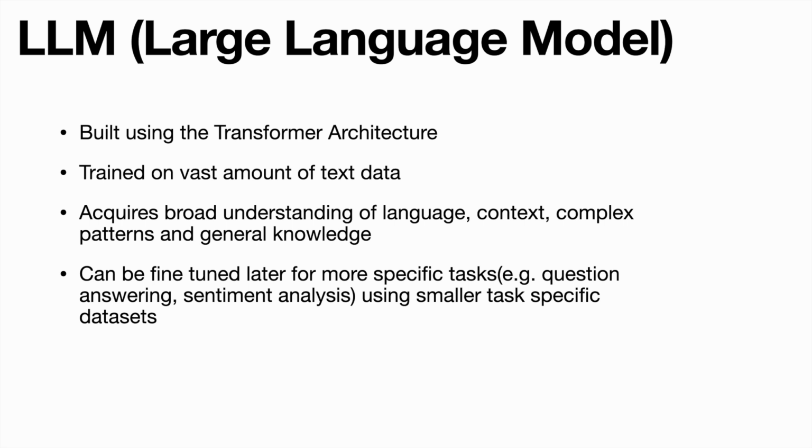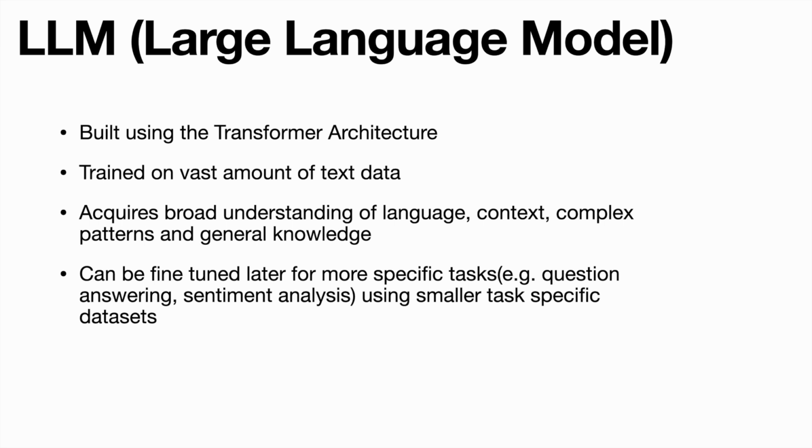It acquires broad understanding of the language, the context, the complex patterns, and general knowledge. So it understands the language and the nuances and all. So when we ask questions, it can answer things from the knowledge it gathered from the training data set. So this is the basic of large language model.